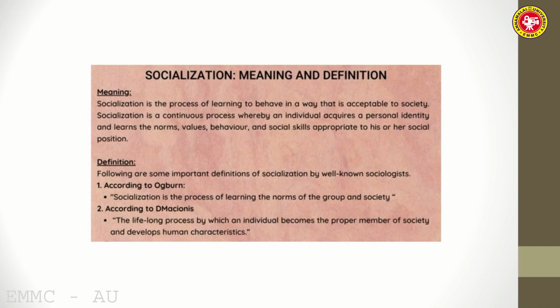Now we discuss the important thing in individual and society, which is socialization. What is socialization? Socialization is a process of learning to behave in a way that is acceptable to society.